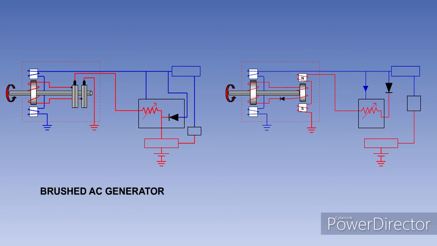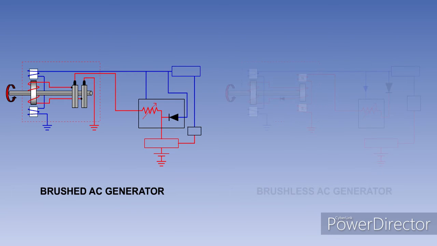They are brushed AC generators and brushless AC generators. In this lesson, we will look at these two types of AC generator, and we will also examine the various methods used to control frequency in AC generation systems. We will begin by looking at brushed AC generators.